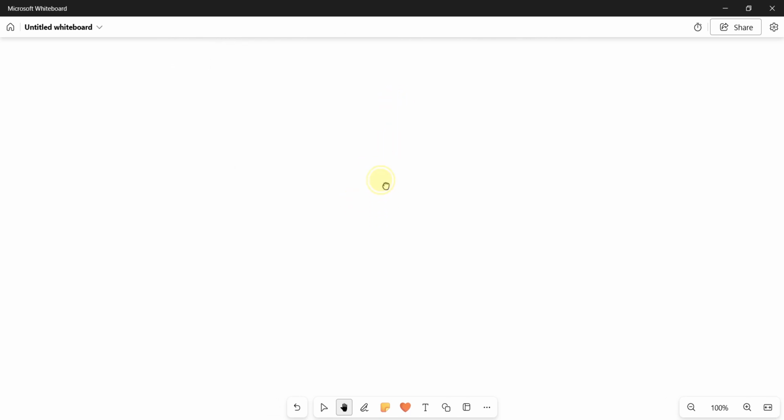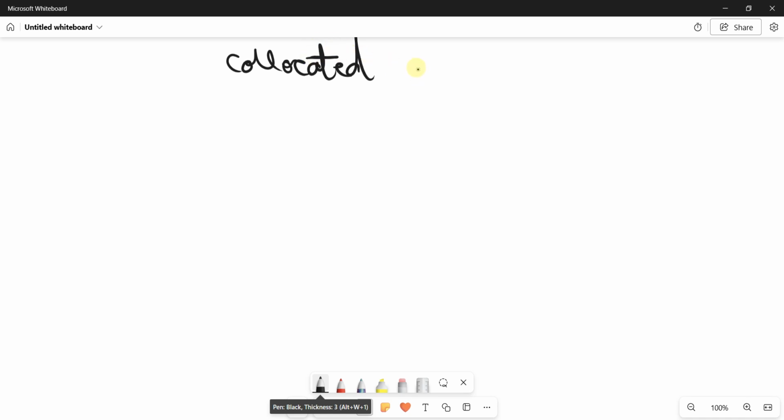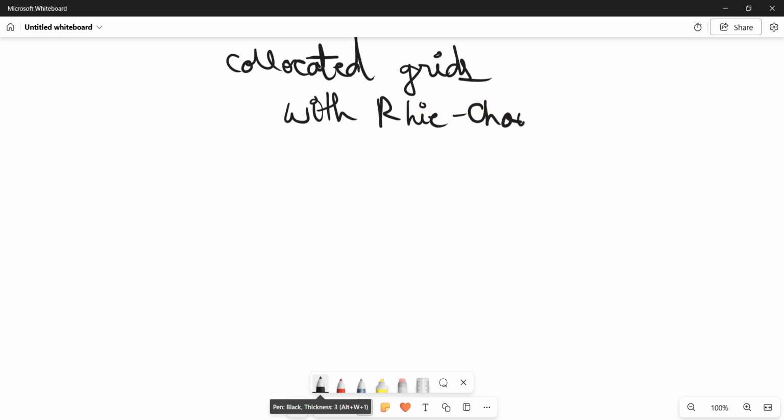So what modern CFD codes currently use, okay, let's use the pen, is collocated grids with Rhie-Chow interpolation.